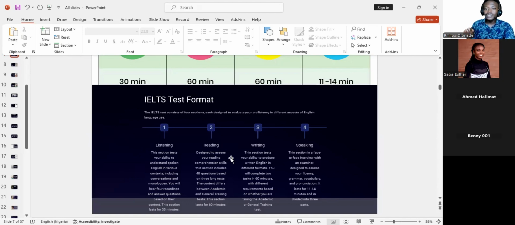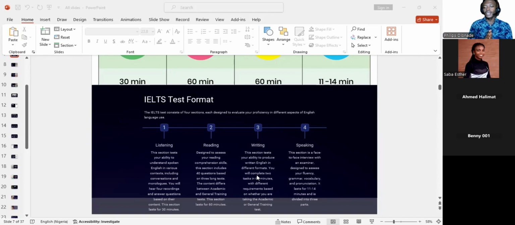Remember, you have to read those long passages within the 60 minutes you've been given. So be careful not to spend so long reading, although I'll try to touch on how to read the passages as quickly as possible as we proceed. Now, the writing section.